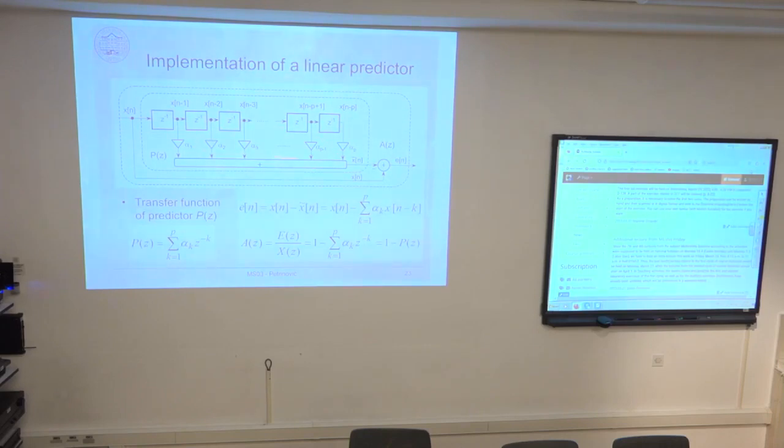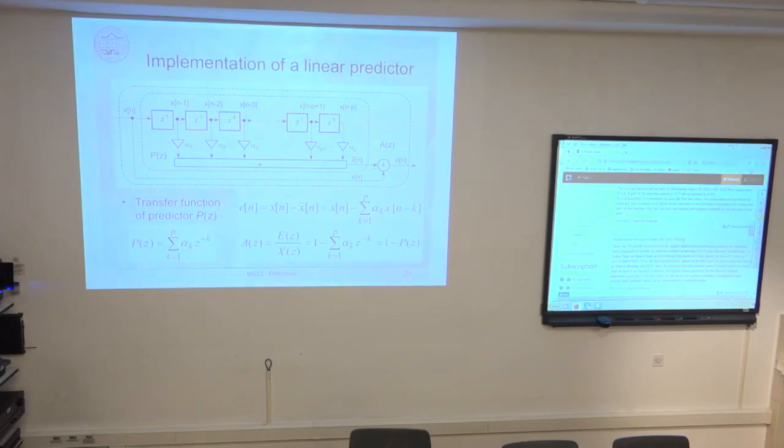Otherwise, such predictor would not be efficient in predicting the next sample that comes. So it is better to do it on relatively short segments of signal, like speech or audio. And these short segments are typically not longer than 10 up to 20 milliseconds.